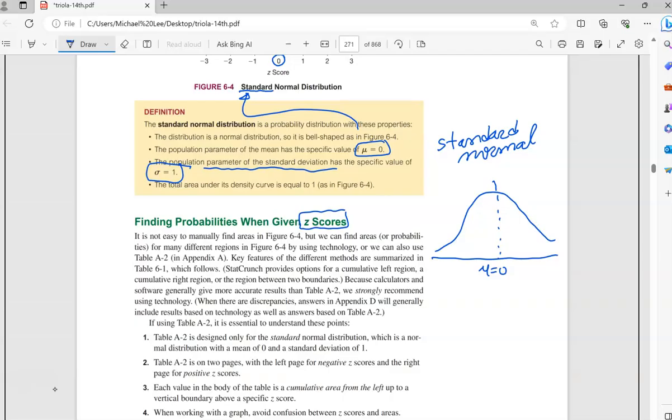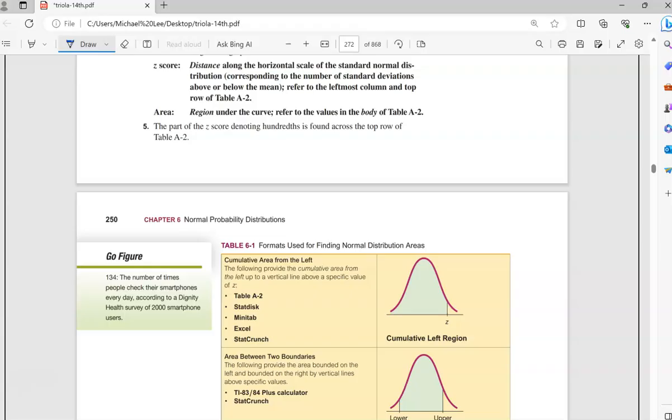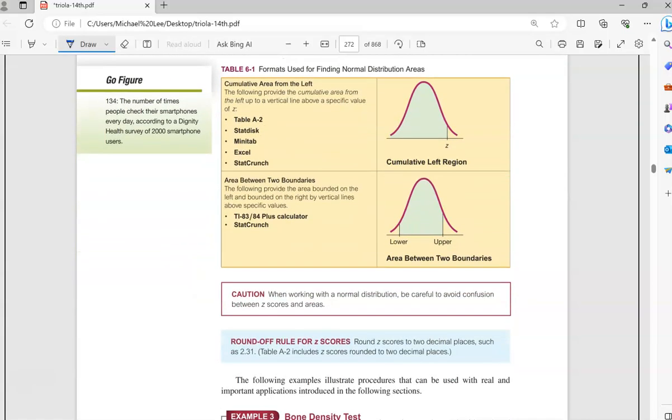So mu equals 0 means this z-score is 0. This z-score is maybe 2. This z-score is 1. To the left, this z-score is -1. This z-score is -2, like this. Okay, that's the z-score.